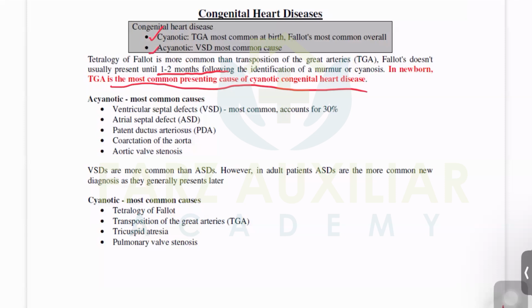So, acyanotic, the most common cause is VSD. It accounts for around 30% of total acyanotic congenital heart disease. Then comes ASD, then comes PDA, that is patent ductus arteriosus, then comes coarctation of aorta, and then aortic valve stenosis or bicuspid aortic valve.